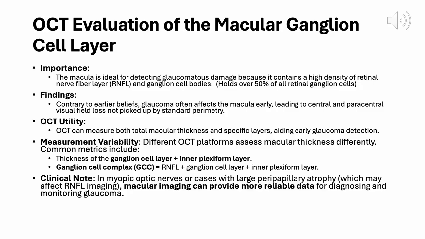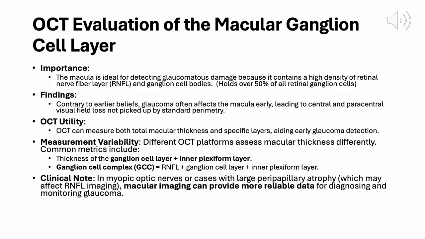OCT is particularly useful here because it allows us to assess both overall macular thickness and the thickness of specific inner retinal layers. That gives us a more targeted view of glaucomatous damage. However, it's important to remember that different OCT machines analyze macular layers differently.